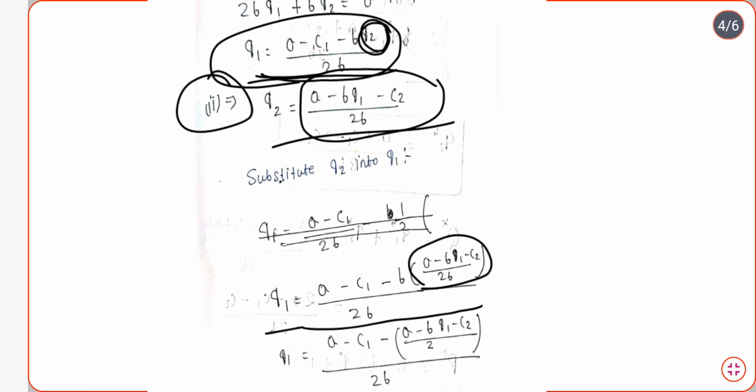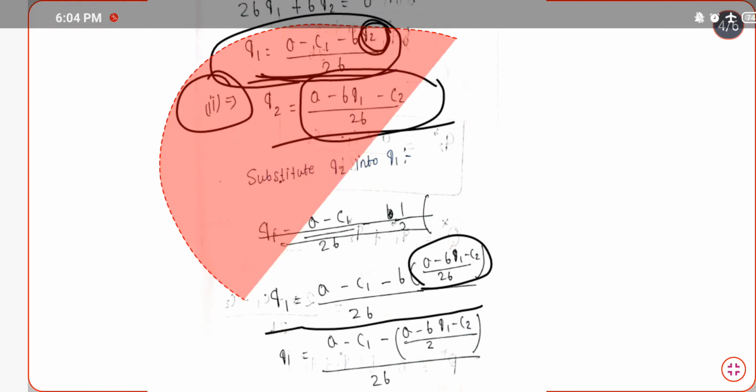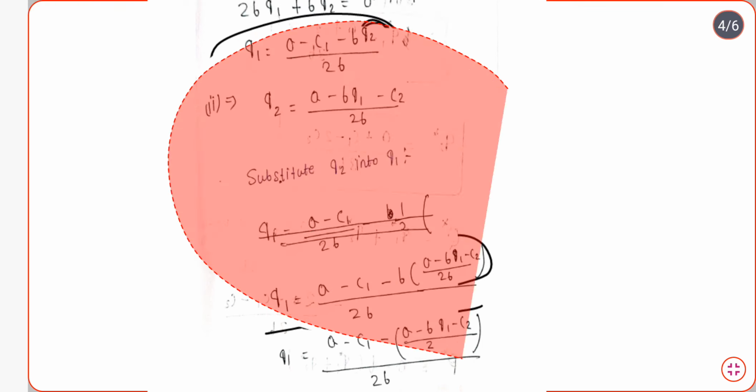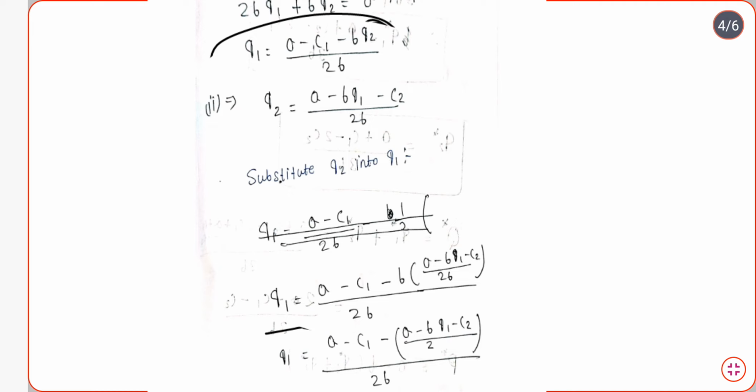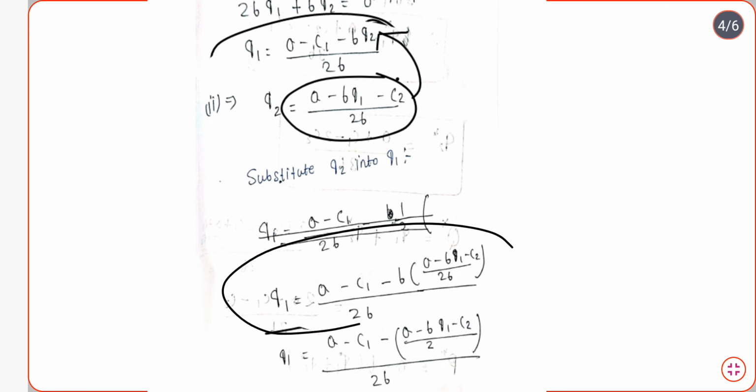Let me clear it again. As you can see, I have just put the value of Q2 in this place, and here it is the form now.